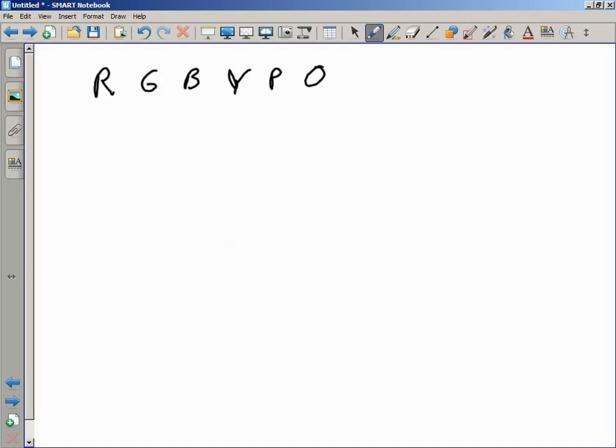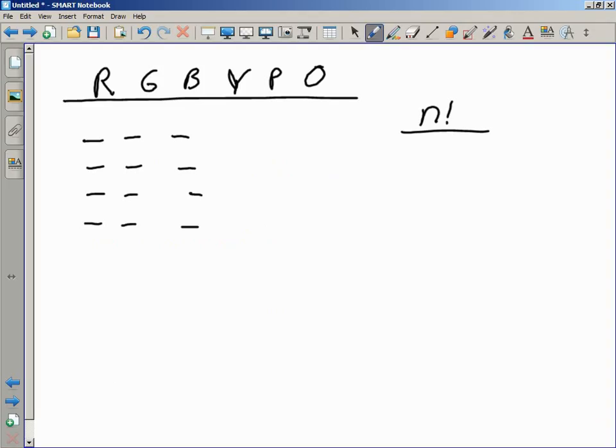And I say, I want you to do them 3 at a time. How many possibilities? Well, the equation is n factorial divided by k factorial times n minus k factorial, where n is the total and k is the number of ways you want to separate. I mean, this is the formula. You don't have to go in and reprove it or anything. It's as simple as that.